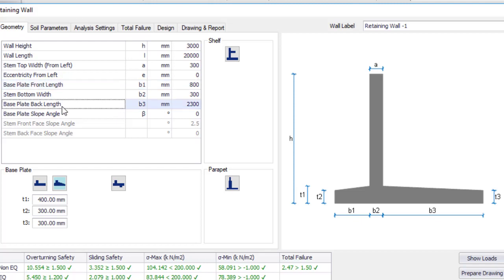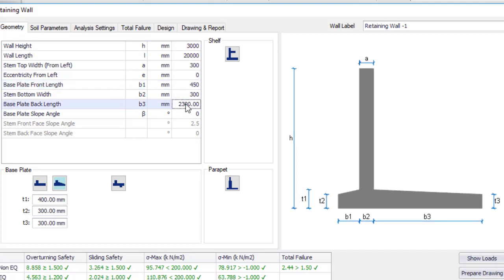Then the back plate, let's deal with the base plate from the left. This one, let's change it to 450. The back length, I want the overall length to be 2.5 meters.